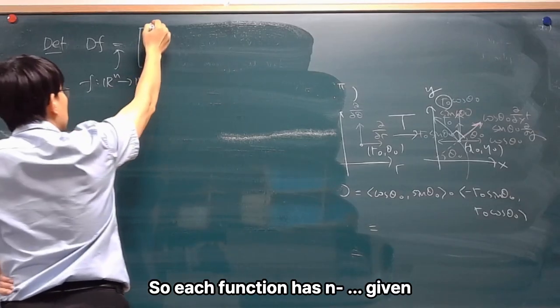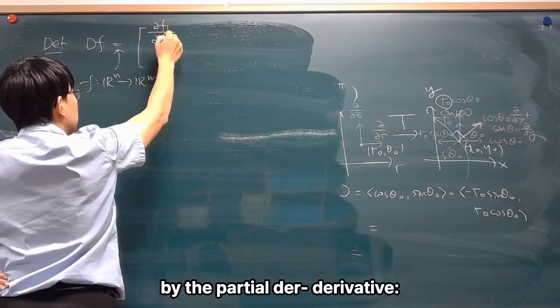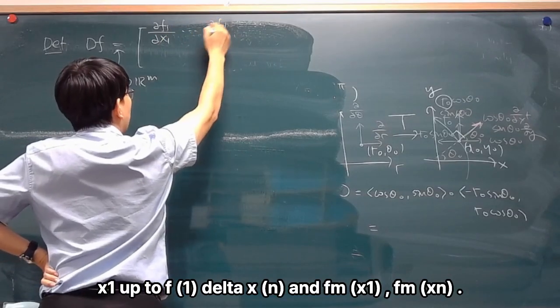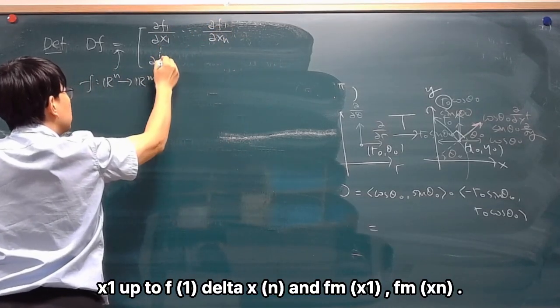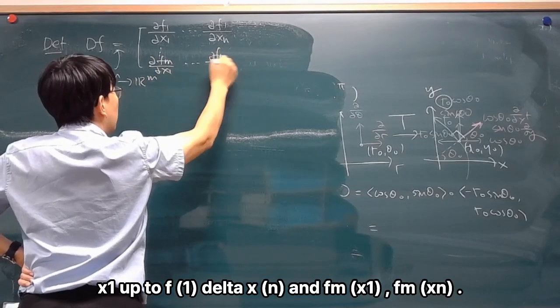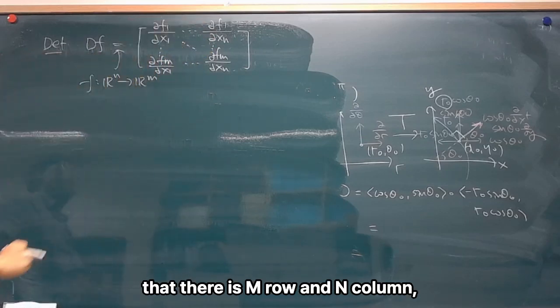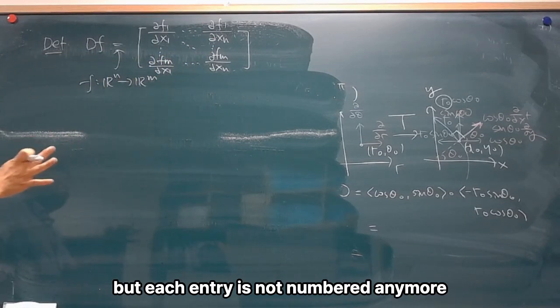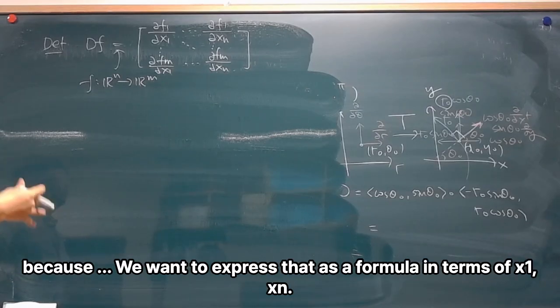Each entry is given by the partial derivative, from ∂f1/∂x1 up to ∂f1/∂xn, down to ∂fm/∂x1 up to ∂fm/∂xn. So you can see that there are m rows and n columns, but each entry is not a number anymore, because we want to express that as a formula in terms of x1 to xn.